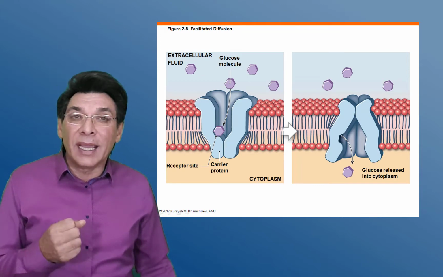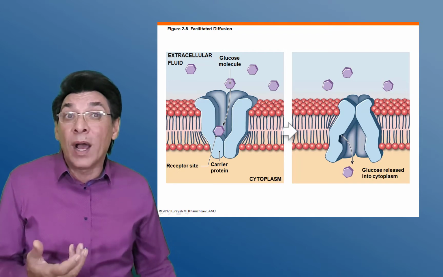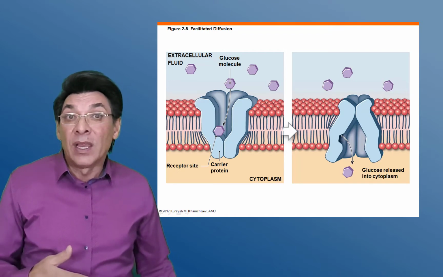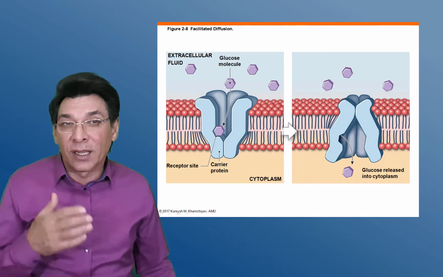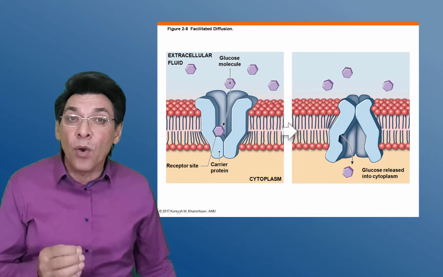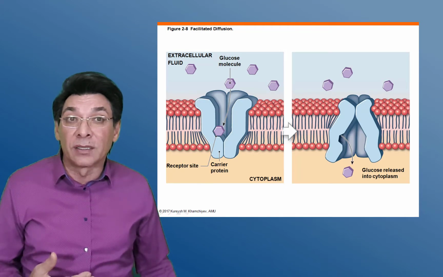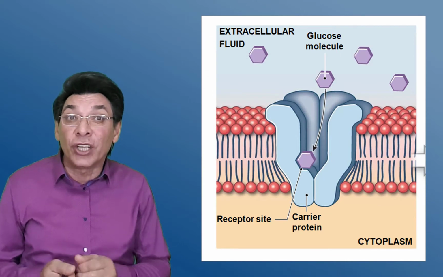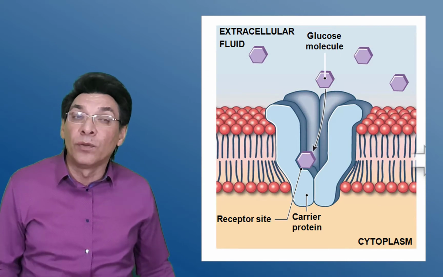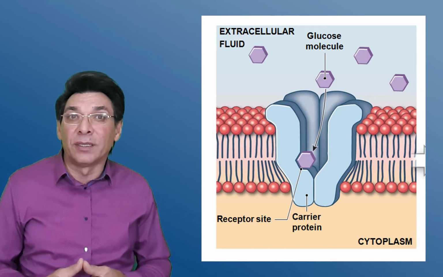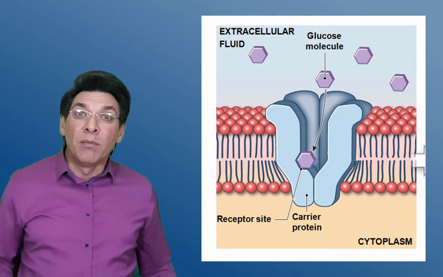It can rotate or close at one end while it opens at the opposite end, thus carrying the molecule across the membrane. This mode of transportation is slower than protein channels as they need to bind the substrate and change shape while moving substrates. A perfect example is glucose movement across membranes.